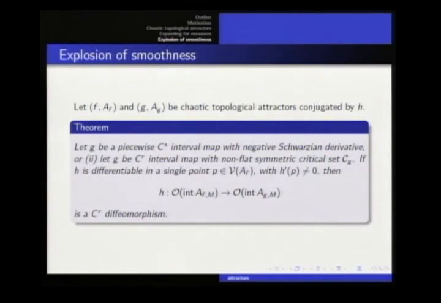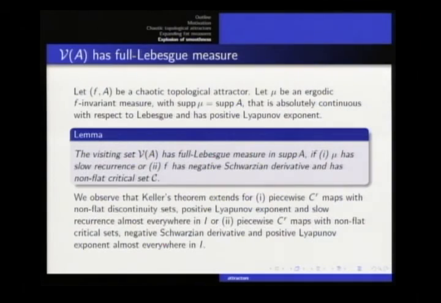And so from this I get to my last slide. So why did we want to get the result for this bigger set, the visiting set that doesn't have to be synchronized? Because now this set has full Lebesgue measure if the measure behaves as Lebesgue asked.